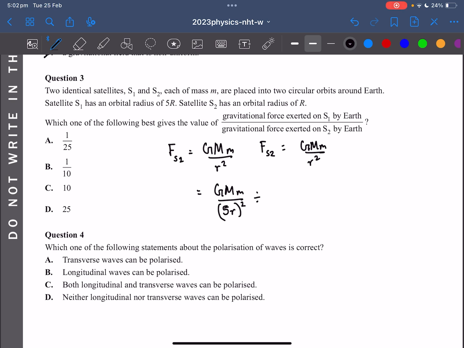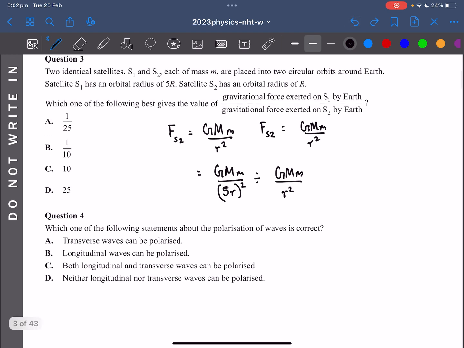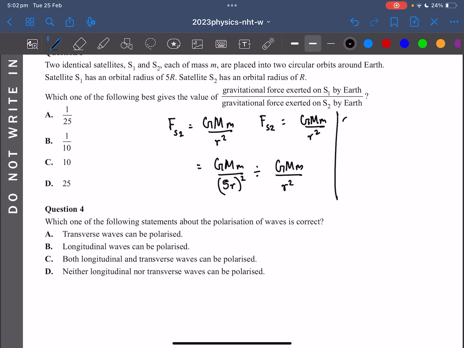Both of the masses are constant, the only thing that's changing is the r, and this time it's going to be just r and not 5r, because the orbital radius for S2 is just r as denoted in the question. Now let us divide this. GMm on 25r squared times r squared on GMm. That and that cancel out, that and that cancel out, leaving us with 1 on 25. So our answer is going to be A for this one.